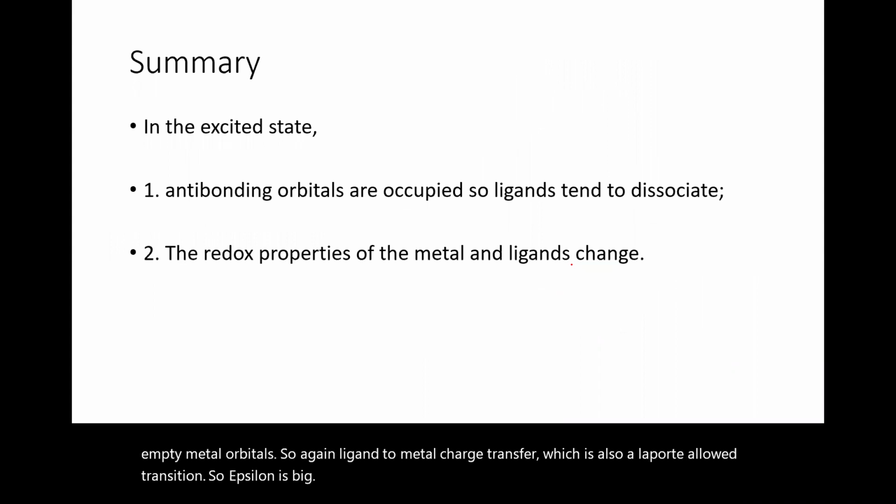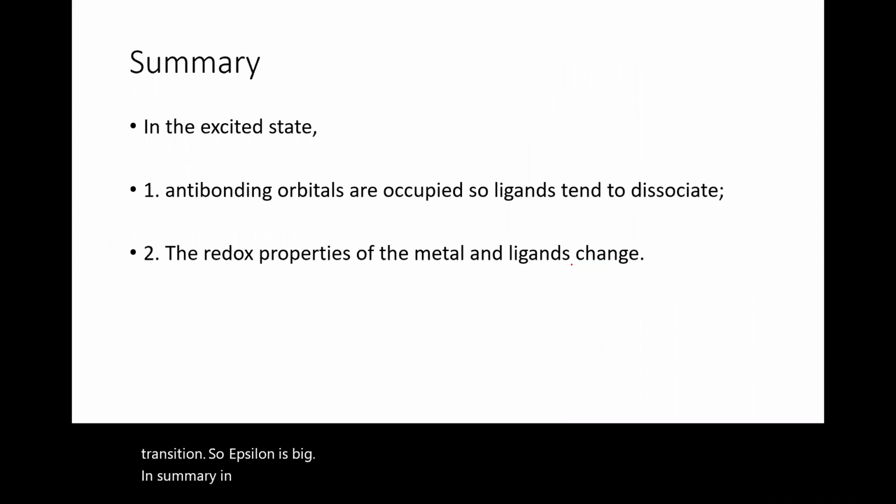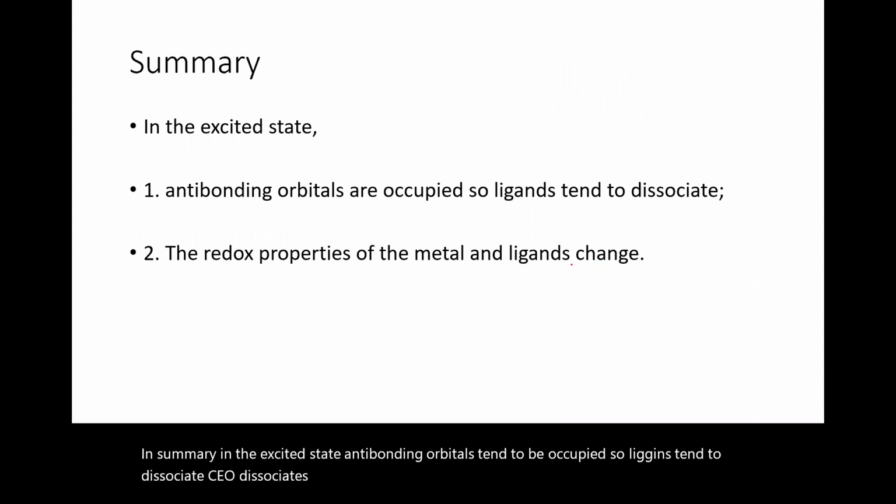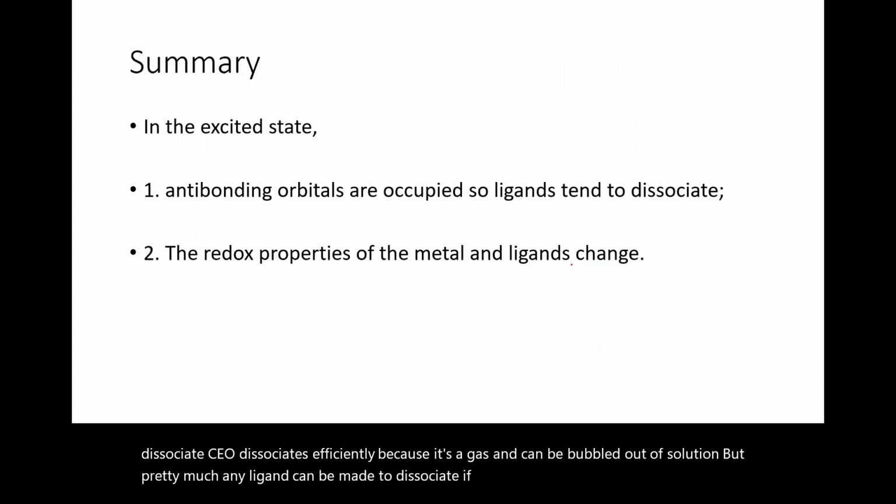So in summary, in the excited state, antibonding orbitals tend to be occupied, so ligands tend to dissociate. CO dissociates efficiently because it's a gas and can be bubbled out of solution, but pretty much any ligand can be made to dissociate if we occupy the t2g* or the eg* set of orbitals.